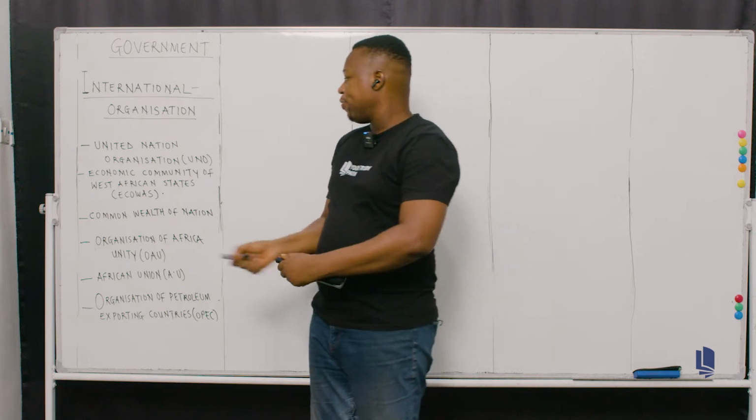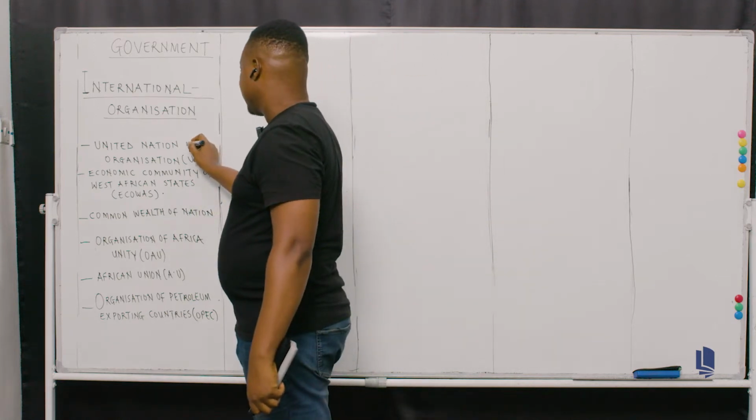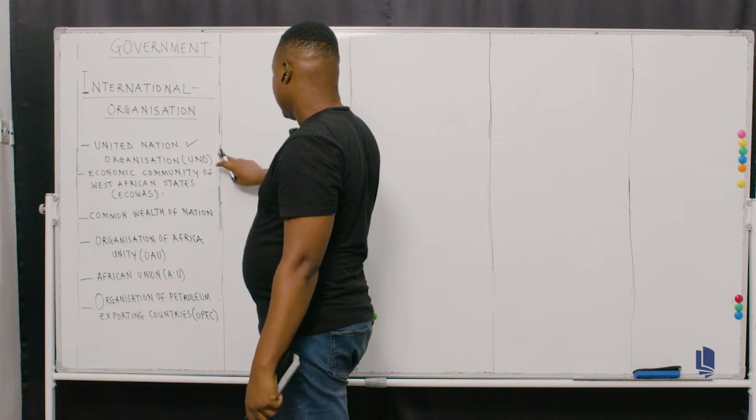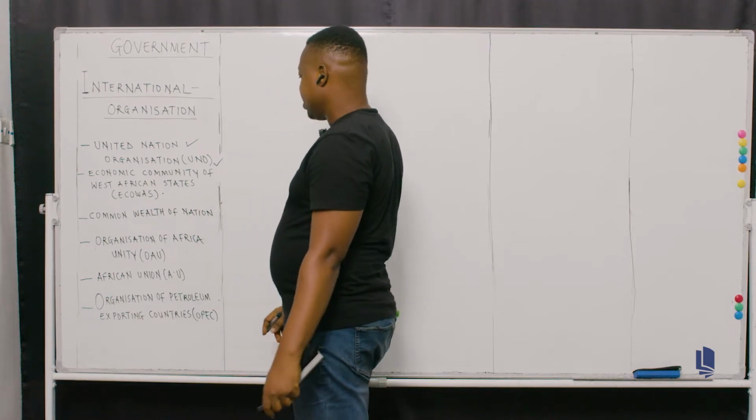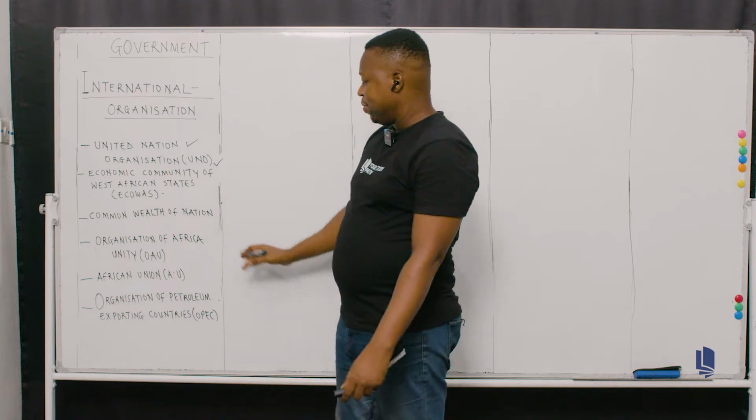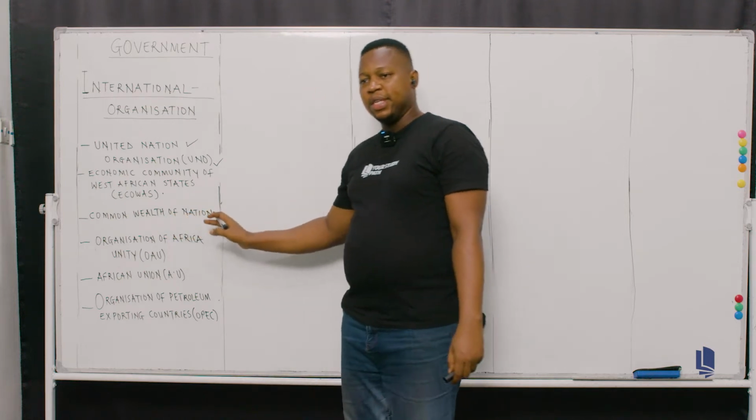OPEC. So far, we have looked at United Nations. Last week, we ended this topic, which is what? ECOWAS. So in today's class, we'll be looking at Commonwealth of Nations.